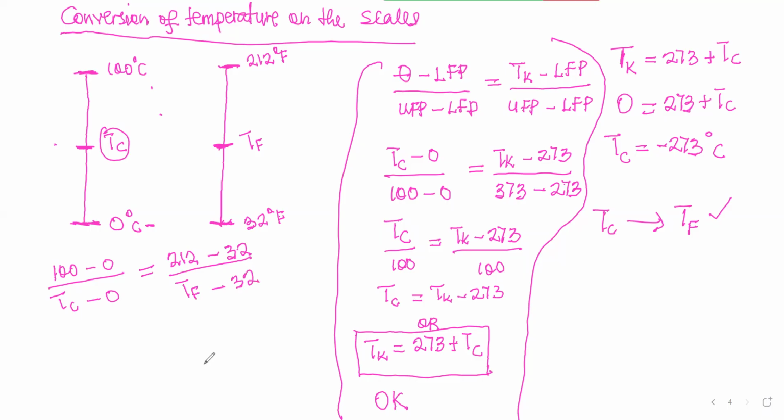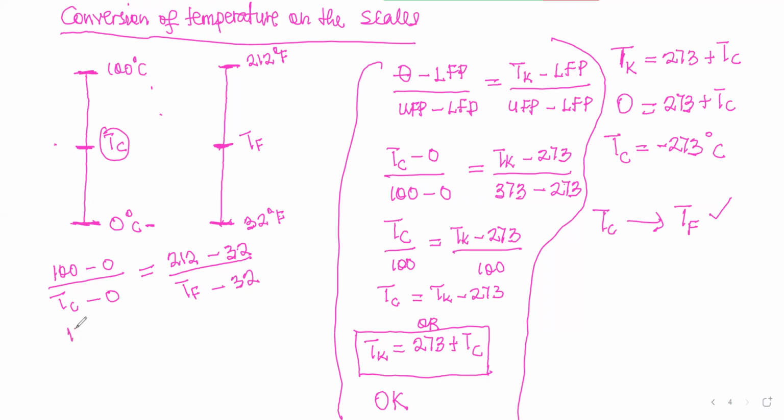If you make the mistake of changing it, here upper fixed point minus lower fixed point divided by TC minus 0, and you decide to equate it to TF minus 32 divided, it's wrong. So the order must be consistent.